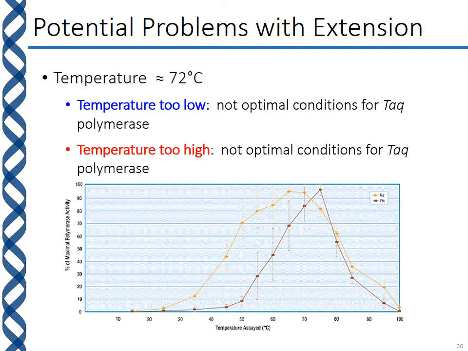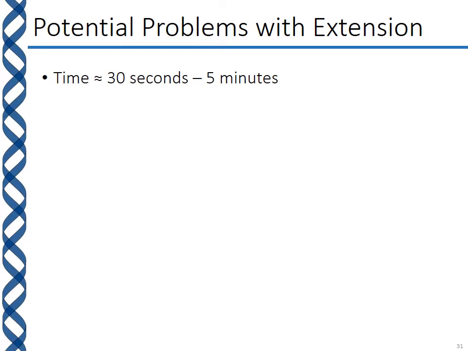So it's good to understand the efficiency profile versus temperature of your particular enzyme. And typically when you order an enzyme from the manufacturer, they let you know at about what temperature you should run your reactions. So the time of extension can vary based on your desired PCR target.